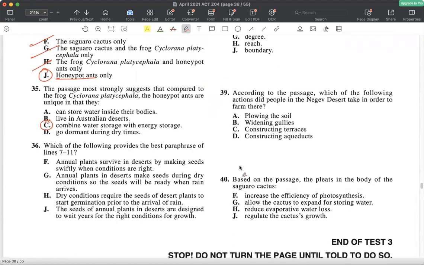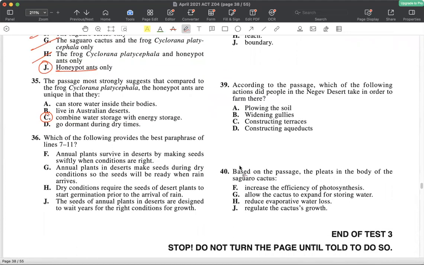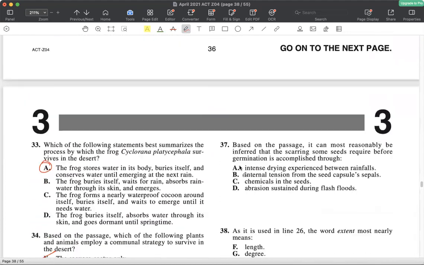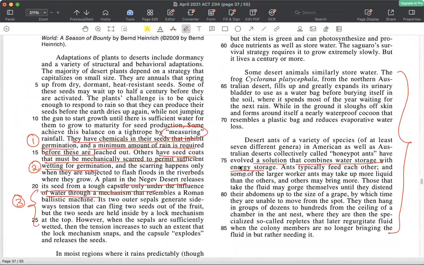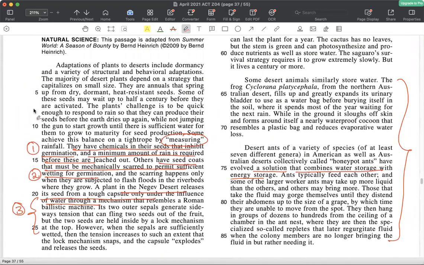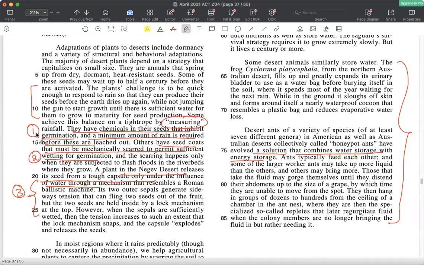Okay. Which of the following provides the best paraphrase of lines 7 to 11? What is that saying? I'm reading from here, right? The plant's challenge is to be quick enough to respond to rain so that they can produce their seeds before the earth dries up again, while not jumping the gun to start growth until there is sufficient water for them to grow to maturity.